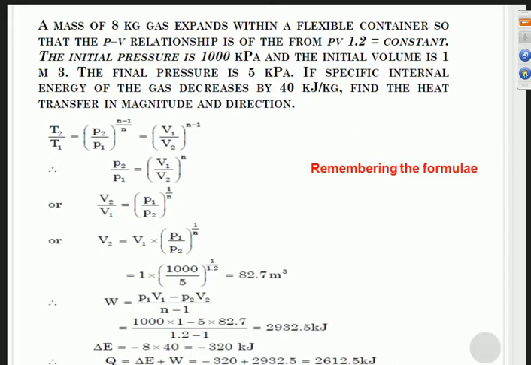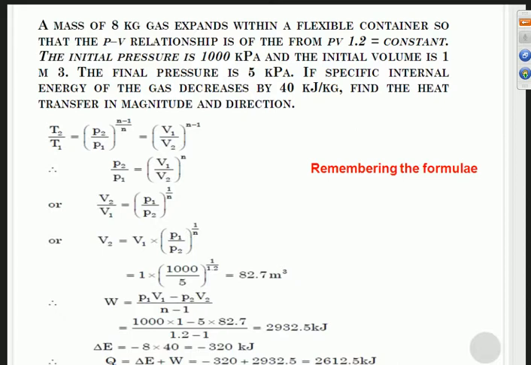If we start reading the formula like this, definitely these average students may not be able to understand. So for them, the remembering concept, how we have to frame it here, is to establish two equations. First equation is P1 V1 by T1 is equal to P2 V2 by T2.